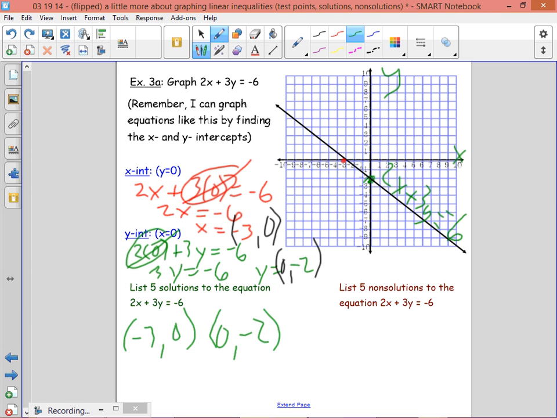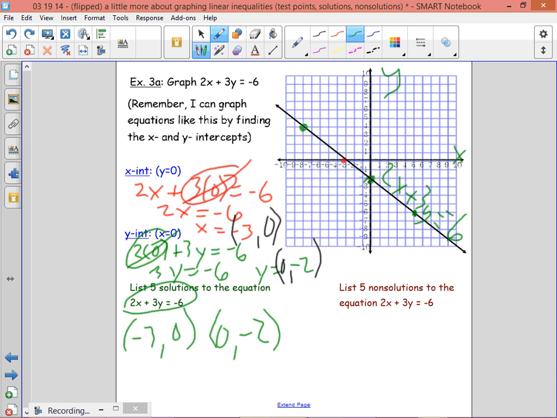Any other points on the line, it looks like there's one right there, and one right there. Any other points on the line are also going to be solutions. So you can go ahead and find several of them and plug them into this equation just to make sure that you found correct points.